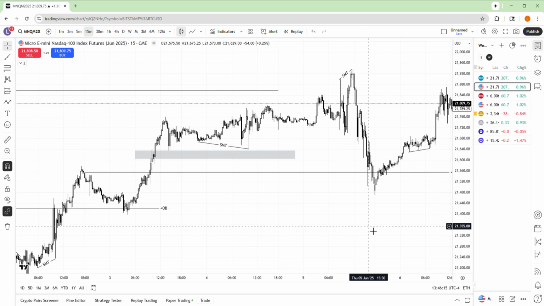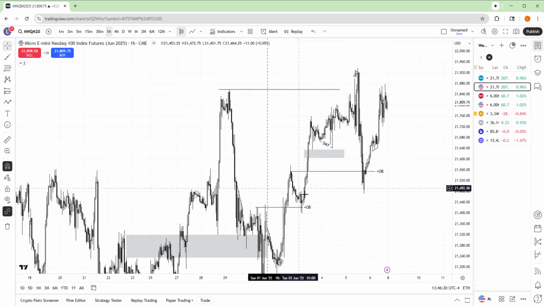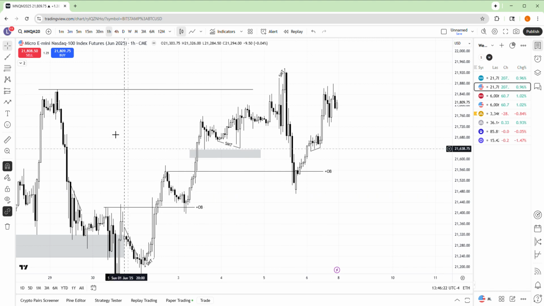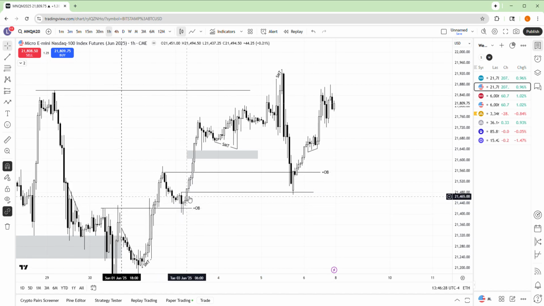So price sweeps lower aggressively, and it comes into this order block. More specifically, it comes into this area that swept the low, which I think is pretty sick. Taps into it pretty perfectly before continuing to expand higher, and what I'll anticipate is a continuation higher into next week to take out at least this high.